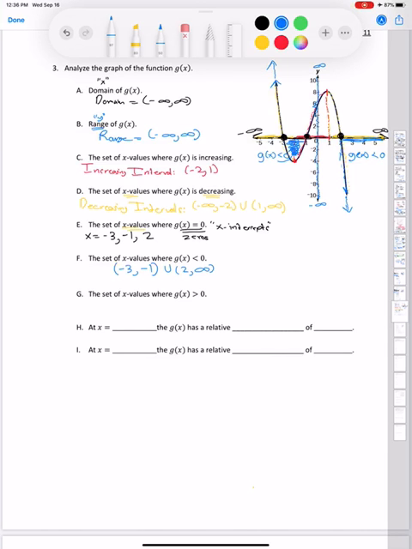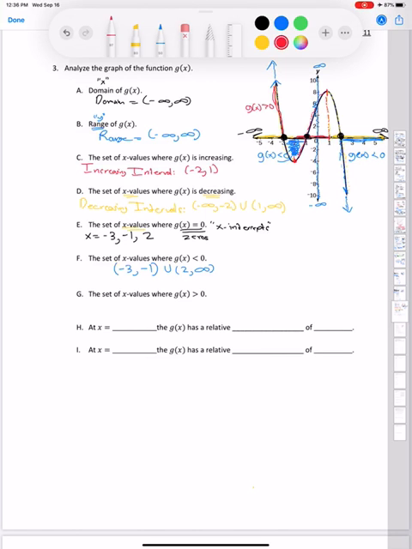Now, where is the function positive? So where is our graph taking place above the x-axis? So we're looking above the x-axis. So for example, in here, we're looking at positive function values, right in here. So right here we got g of x being greater than 0.